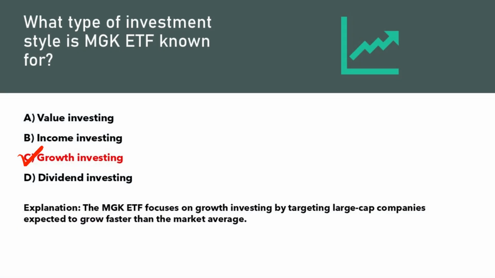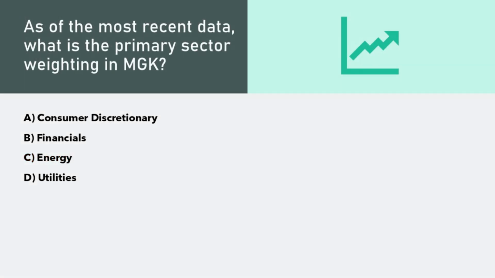Answer: C. Growth investing. Explanation: the MGK ETF focuses on growth investing by targeting large-cap companies expected to grow faster than the market average. As of the most recent data, what is the primary sector weighting in MGK?